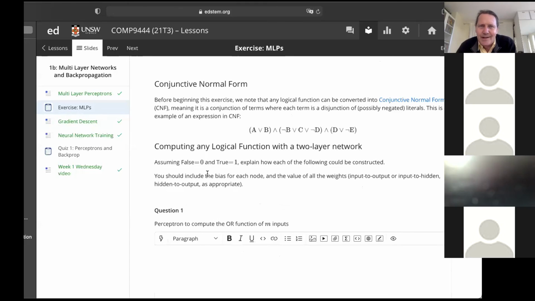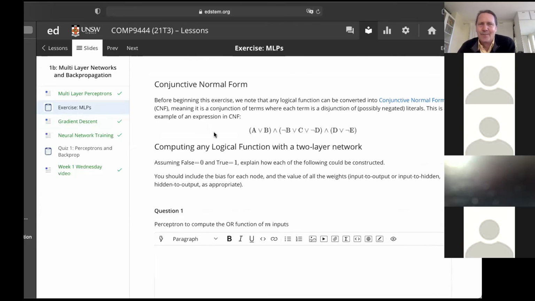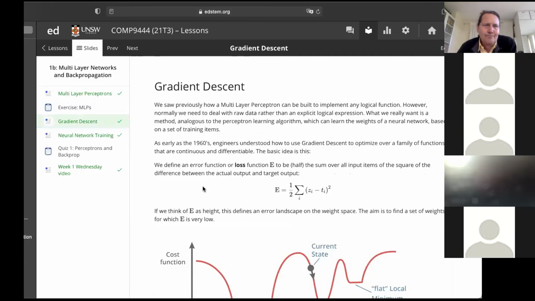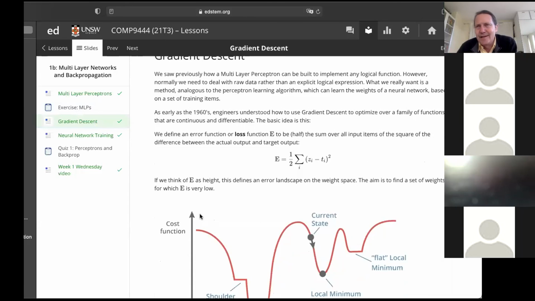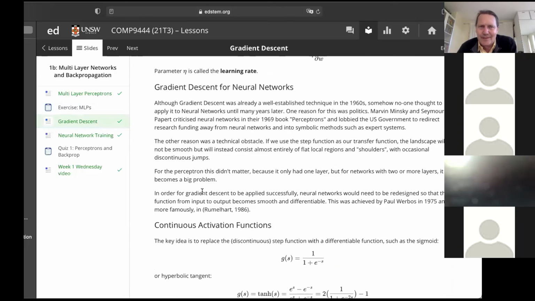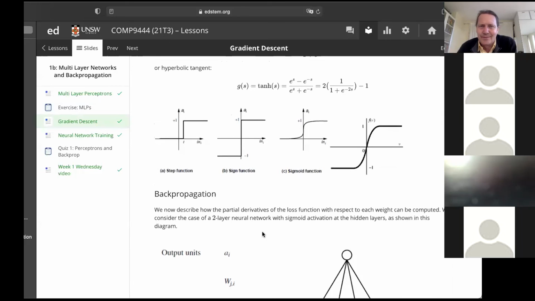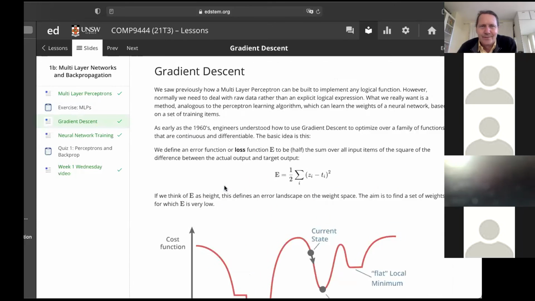In this exercise, the term multi-layer perceptron makes sense, because we're not doing gradient descent, we're just designing the thing by hand. When we get to gradient descent, it's better to just call it a neural network rather than a multi-layer perceptron, but sometimes people still use multi-layer perceptron in that situation.